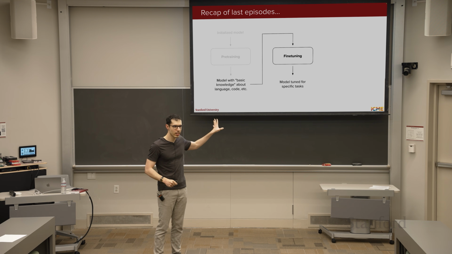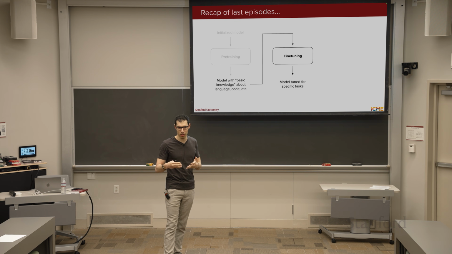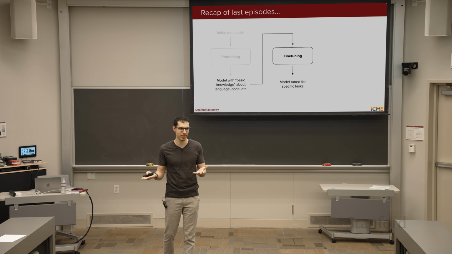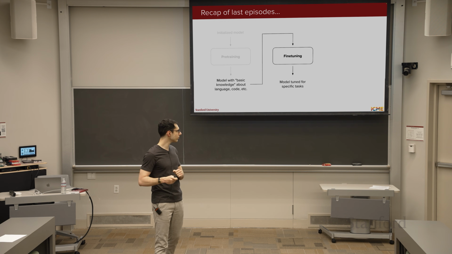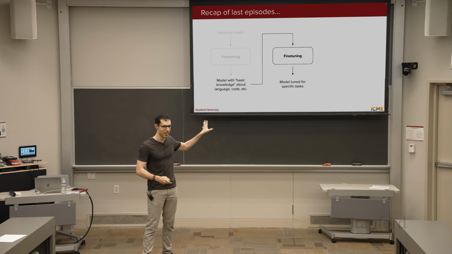And we've seen LoRA, which is a parameter-efficient method, which does not tune all the weights, but in a clever way introduces low-rank matrices that are the ones being tuned. And we had stopped there.